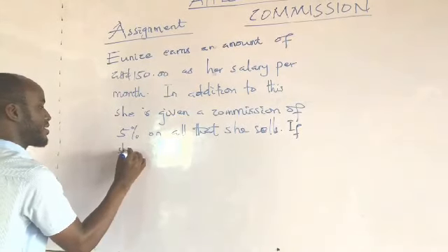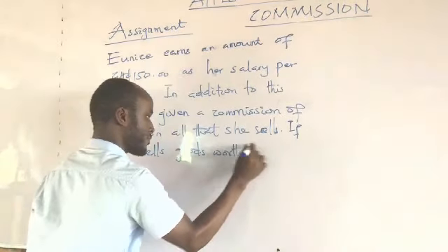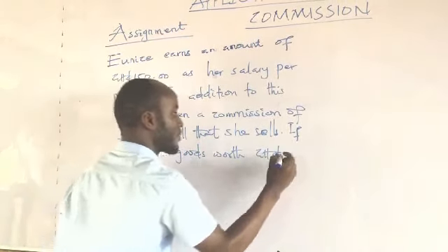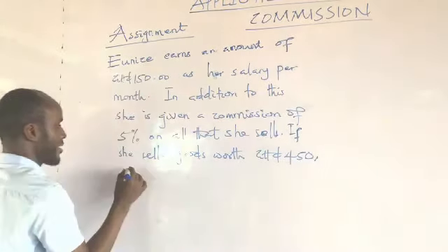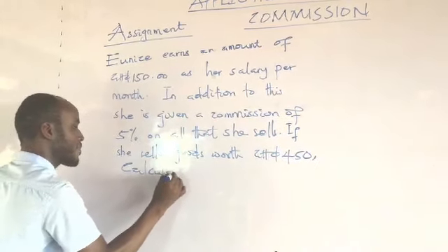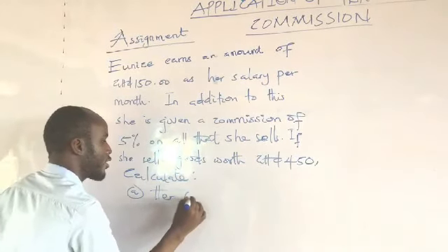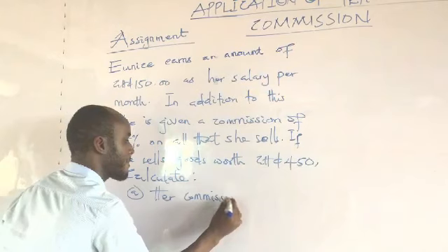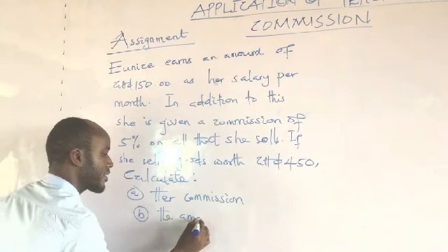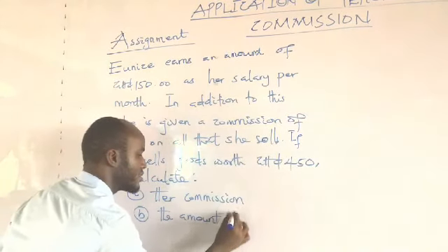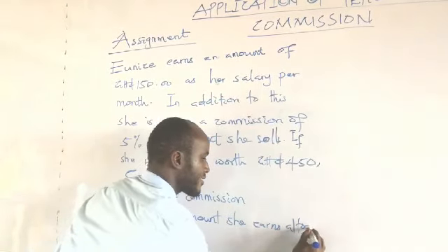If she sells goods worth 450 Ghana cedis, calculate A, her commission, and B, calculate the amount she earns all together.